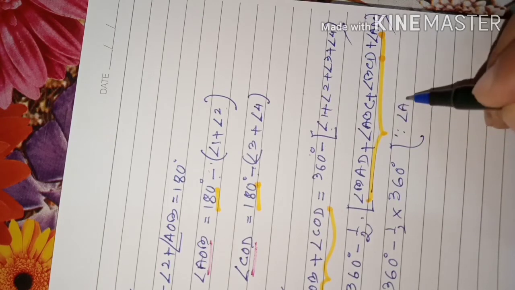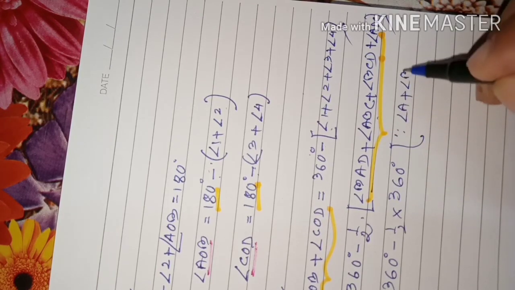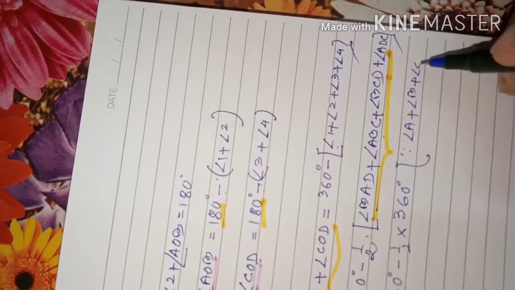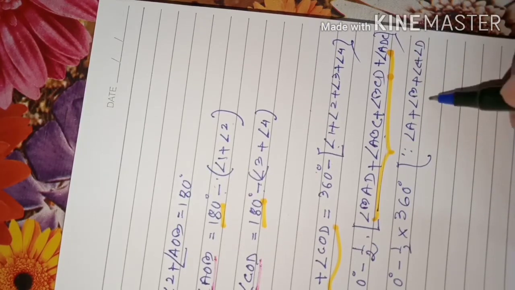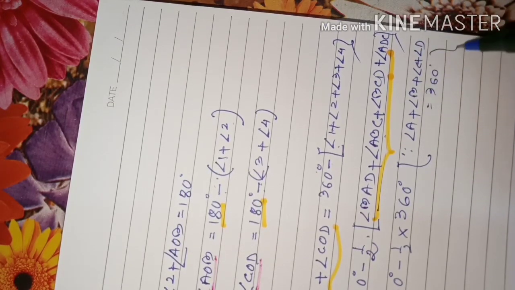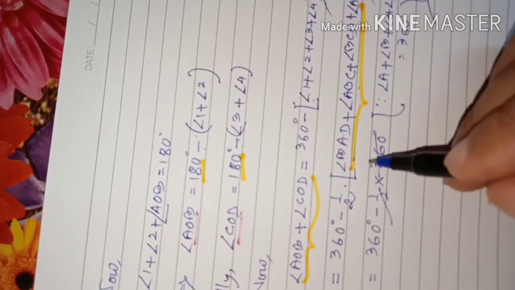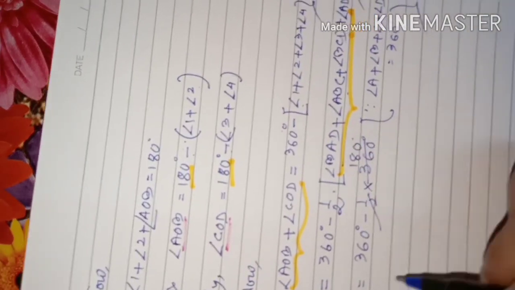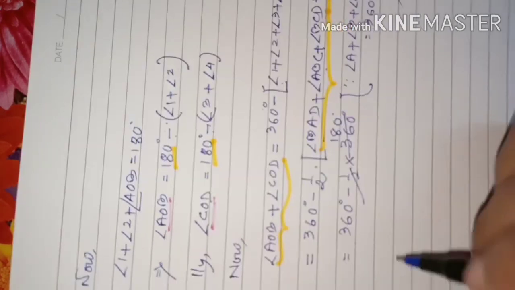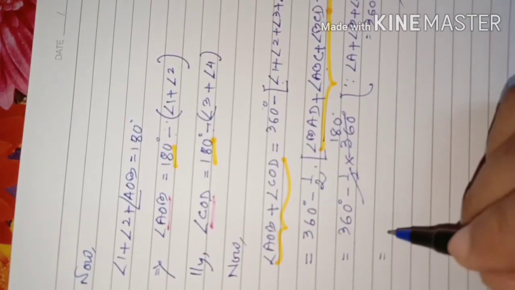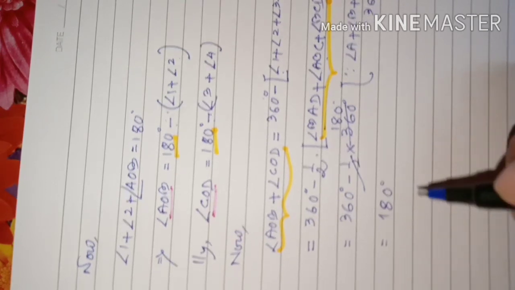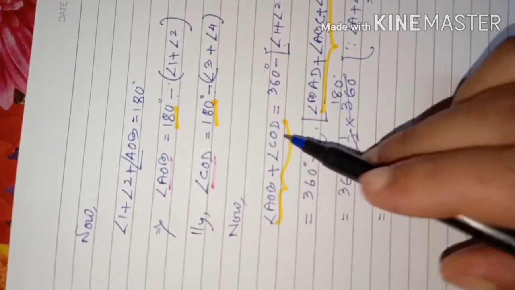Since angle A plus angle B plus angle C plus angle D is equal to 360 degrees, this half cancels with 360 to give 180. So 360 minus 180 is 180 only. So this is angle AOB plus COD.